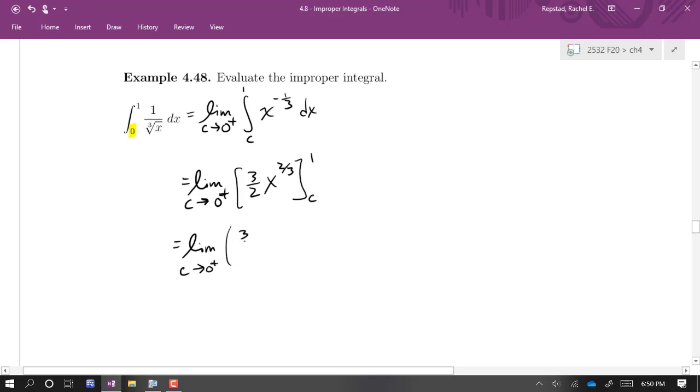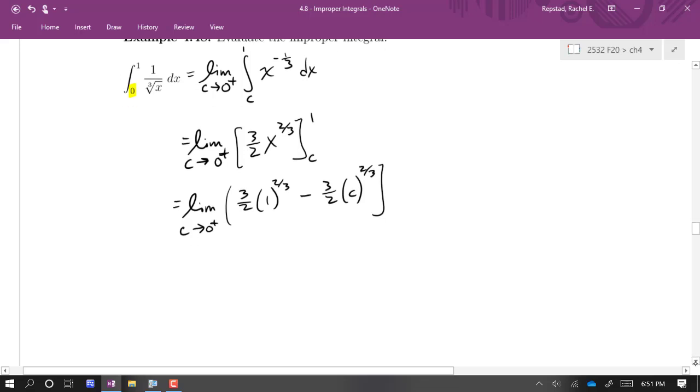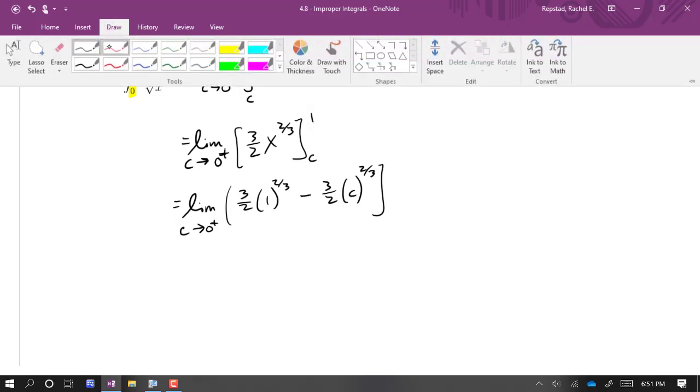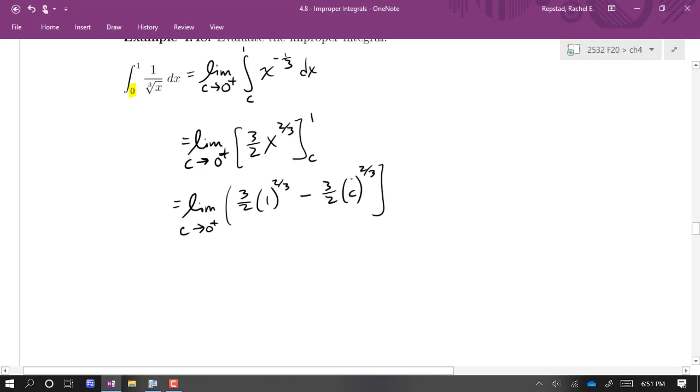And we have 3/2 times 1 to the 2/3 power minus 3/2 times c to the 2/3 power. Now, as c approaches 0, c to the 2/3 power approaches 0, so this whole thing is approaching 0, and that means we're just left with 3/2 times 1.